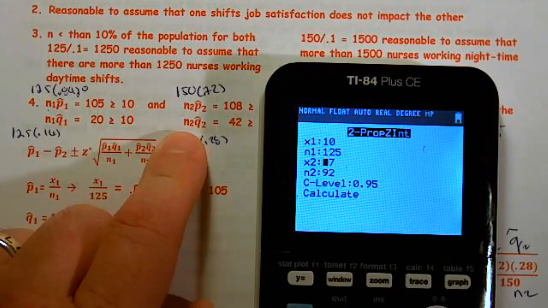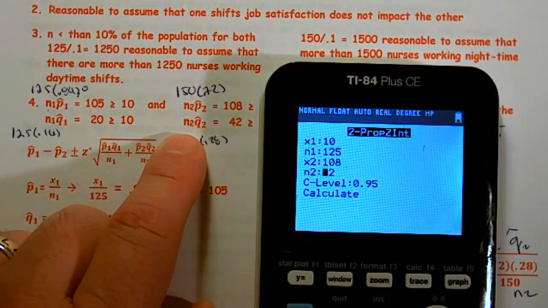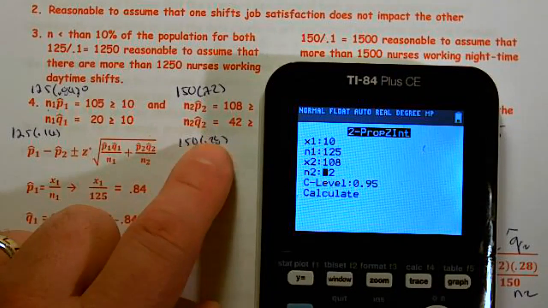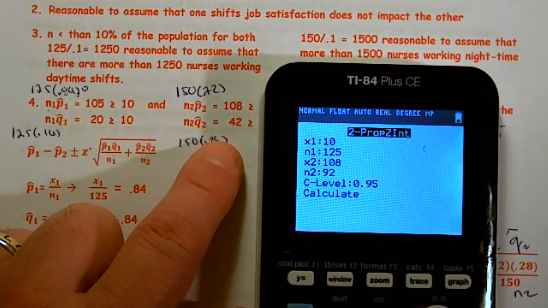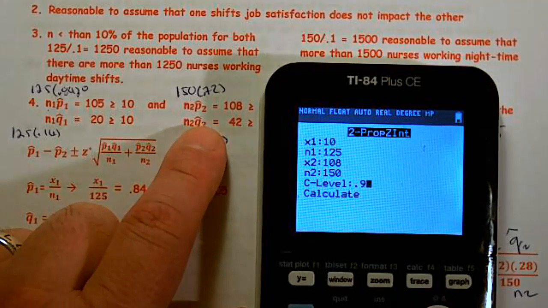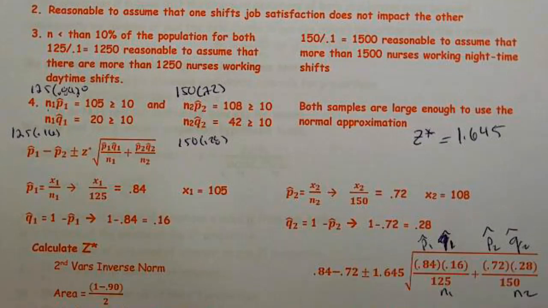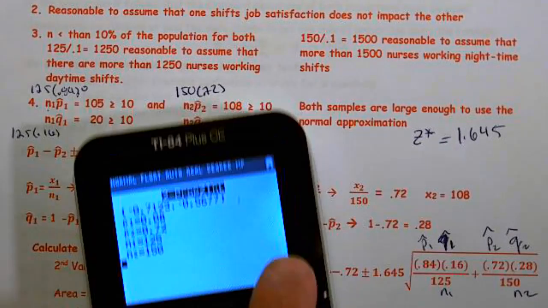X was 108 and N was 150, and we want to do a 90%. And we ended up with not what I'm supposed to end up with. How did that happen?